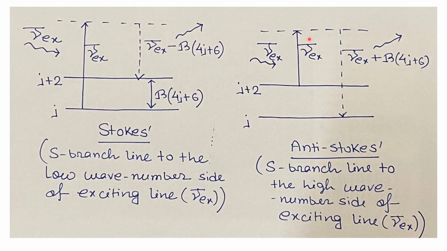Now after releasing the energy, the molecules will come back to the lower energy level having rotational quantum number J. So the emitted photon has the energy nu Ex bar plus B times (4J plus 6). So it is clear the emitted radiation has higher energy than the incident photon energy. So for the anti-Stokes line, the S branch lines lie on the high wave number side of the exciting line.